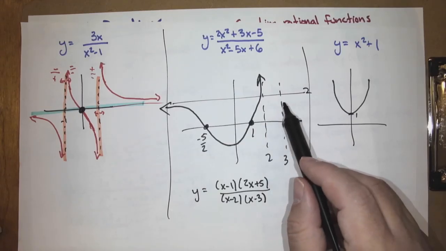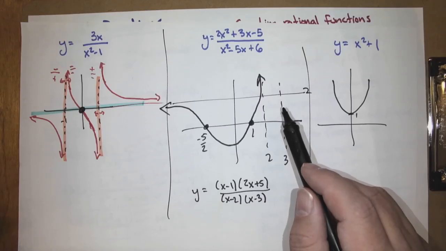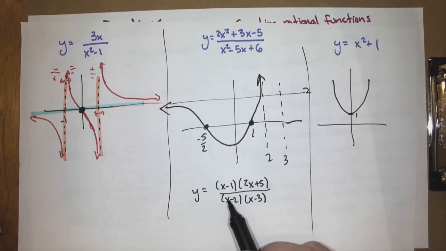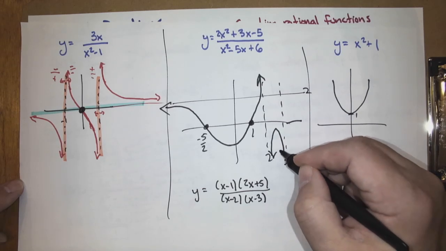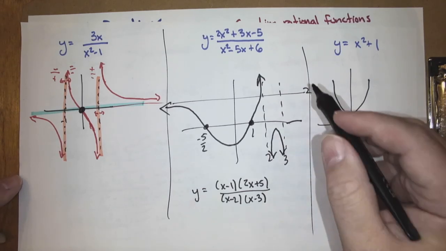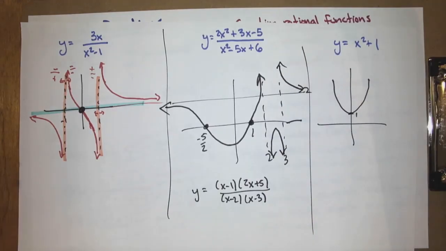If I'm in between 2 and 3, am I positive or negative? Well, pick a number, like 2.5. Positive, positive, positive, negative, which means it'll do this. And then if I'm bigger, it'll be positive, so it'll do something like that. So this is more complicated than what you'll be asked to draw, but I just want to say you can always do this systematically.